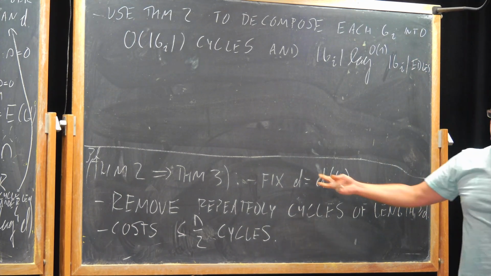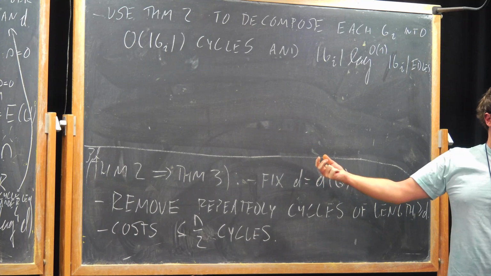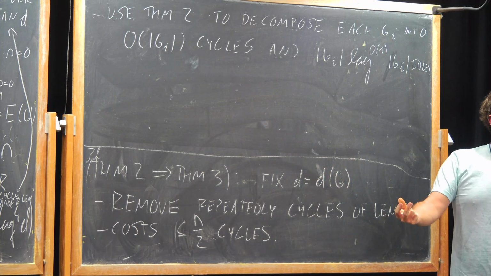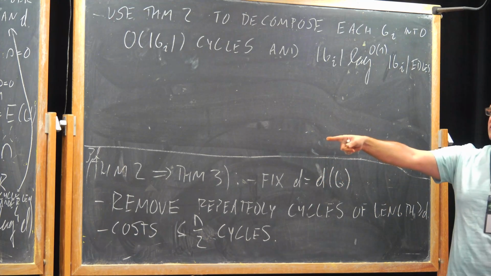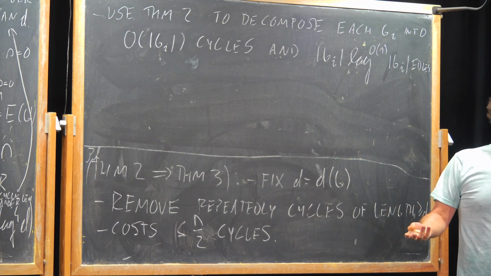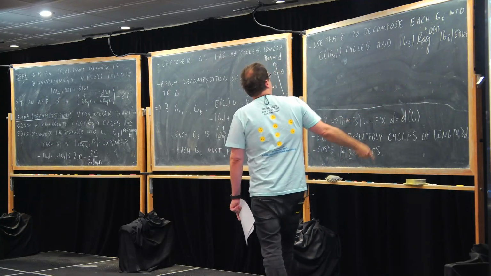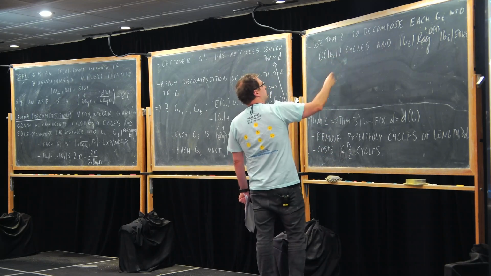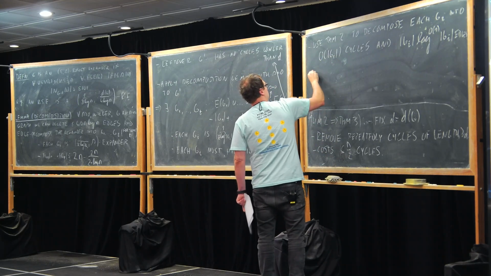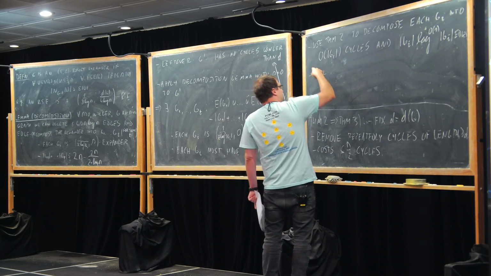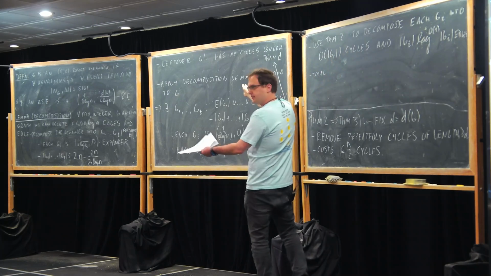Right? The difference between two theorems was just one works with number of vertices, one works with average degree. But now, because of this decomposition, they essentially became the same, at least from what we care about. In particular, that means, what is big O of the total number of cycles? So we just concatenate these decompositions, and I claim that works.